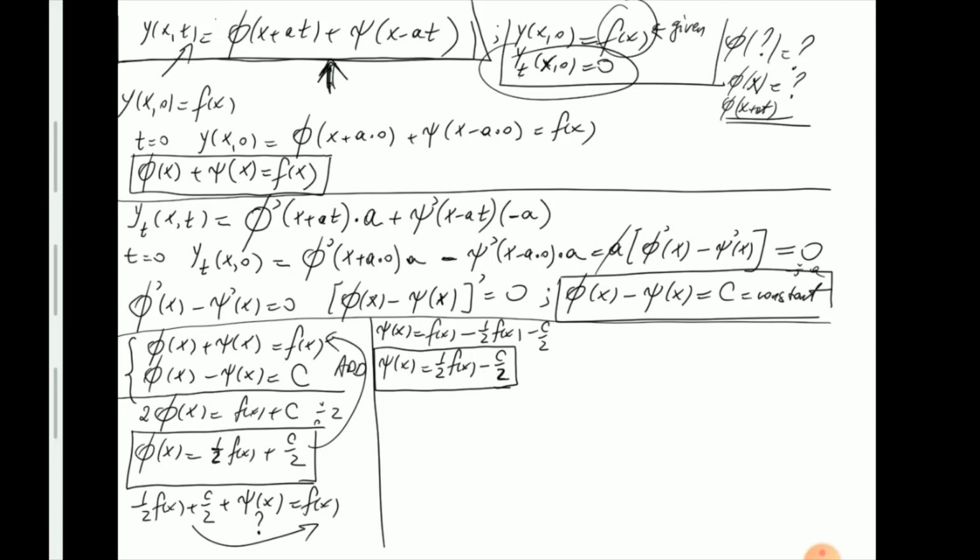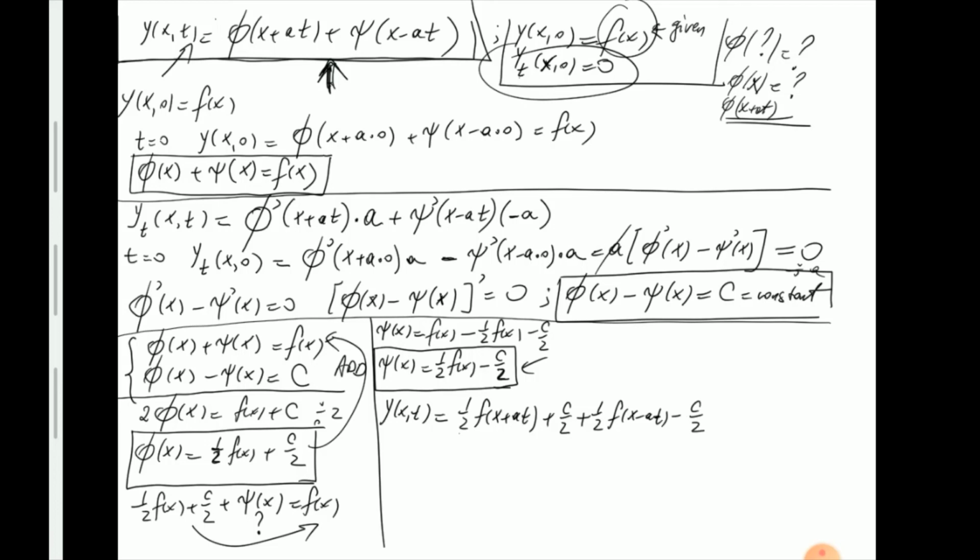So we need to plug in, and let's write down now the solution. We need to plug in x plus at into phi. So that's going to be 1/2 f of x plus at plus c over 2, to which we add psi at x minus at. So we plug in x minus at here into psi of x, and then minus c over 2.